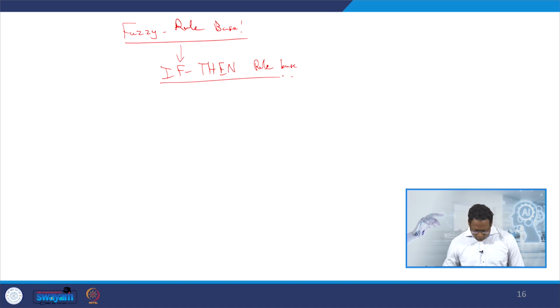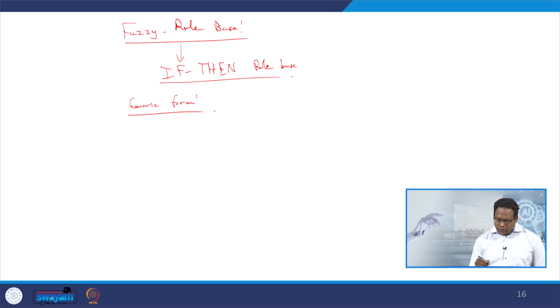Okay. So, fuzzy rule base is one way to represent knowledge through natural language. The generic form of a rule base is if premise then conclusion.